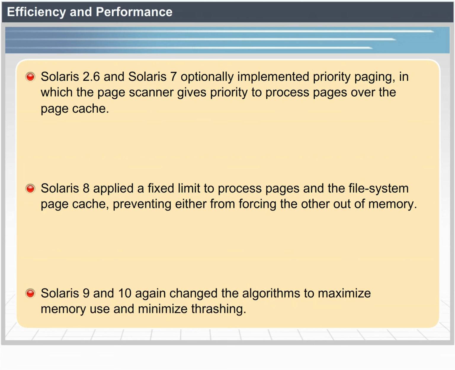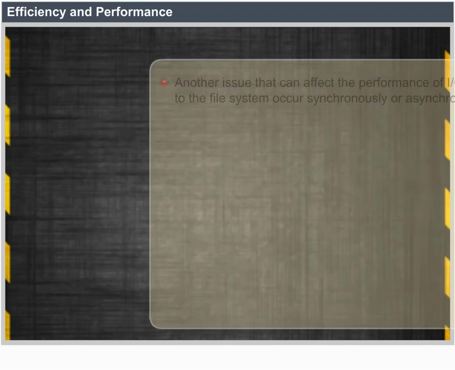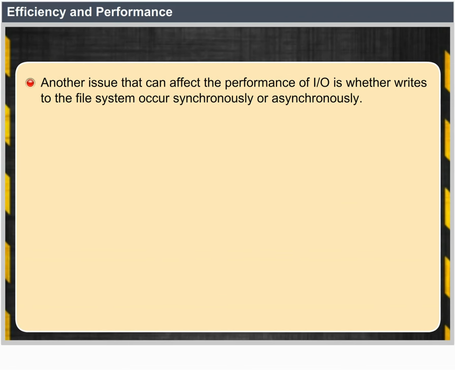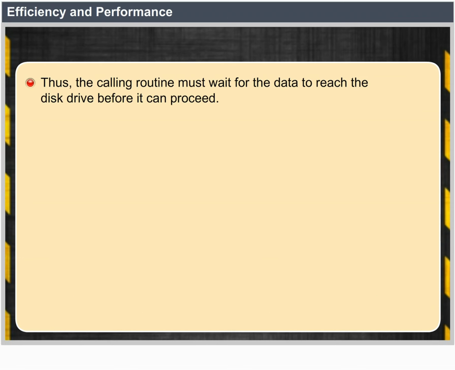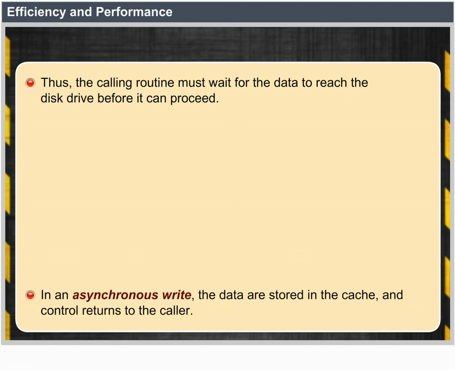Another issue that can affect the performance of input-output is whether writes to the file system occur synchronously or asynchronously. Synchronous writes occur in the order in which the disk subsystem receives them, and the writes are not buffered. Thus, the calling routine must wait for the data to reach the disk drive before it can proceed. In an asynchronous write, the data are stored in the cache and control returns to the caller.